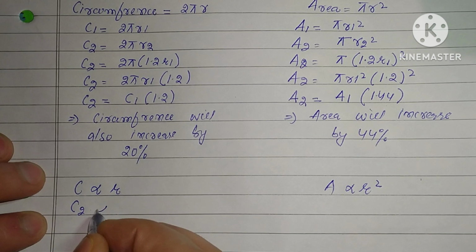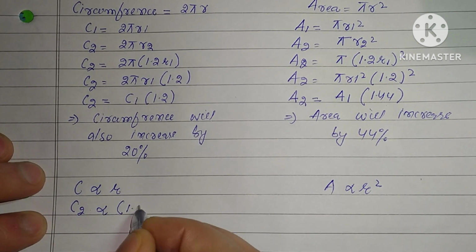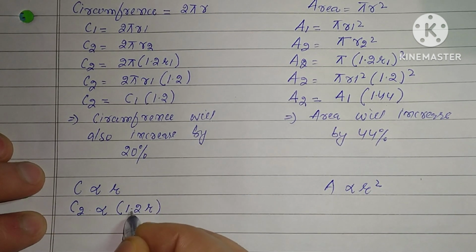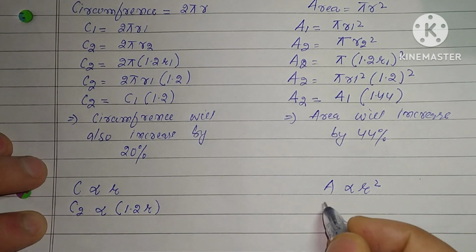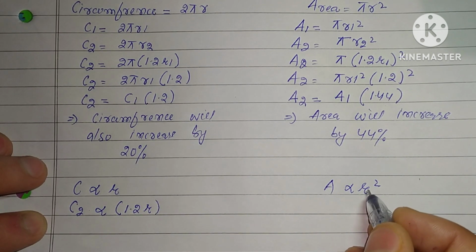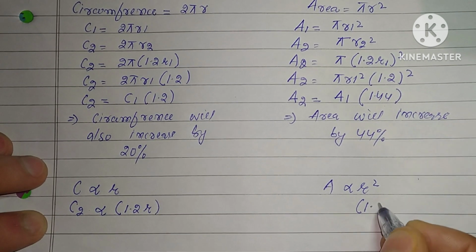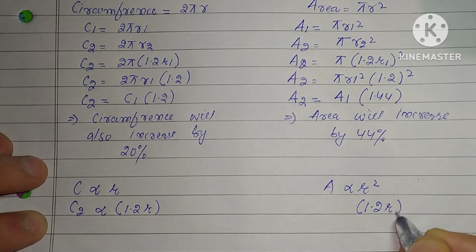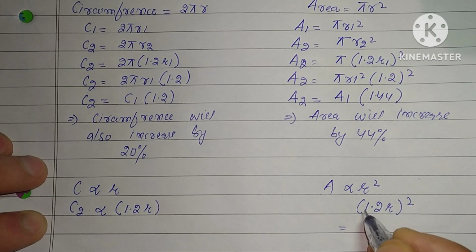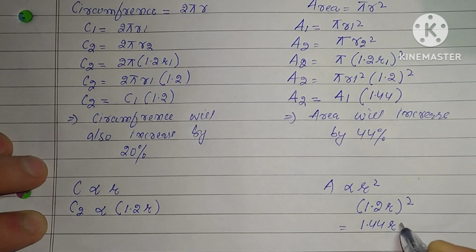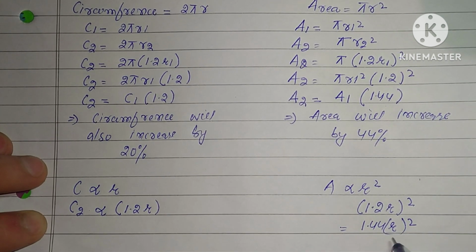Therefore, C2 is proportional to 1.2 times R. Area is directly proportional to radius square, that is 1.2 R square, so it will be 1.2 square, which is 1.44 R square. So the area will increase by 44%.